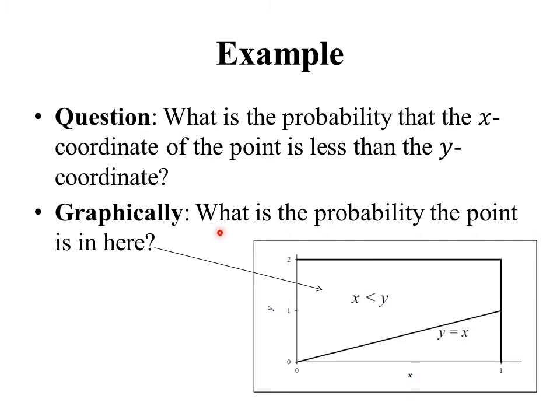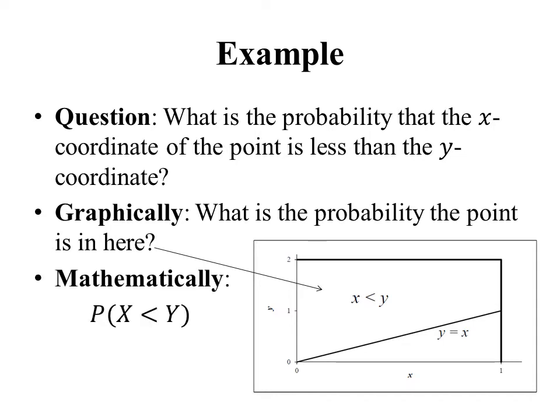So graphically speaking, our question can be stated as this. What's the probability that the point is in this region up here, for which the x-coordinate is less than the y-coordinate, or equivalently the y-coordinate is greater than the x-coordinate? So we want to ask, what's the probability that our point is here inside of this region?